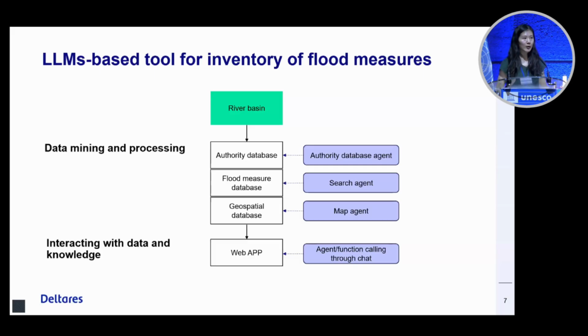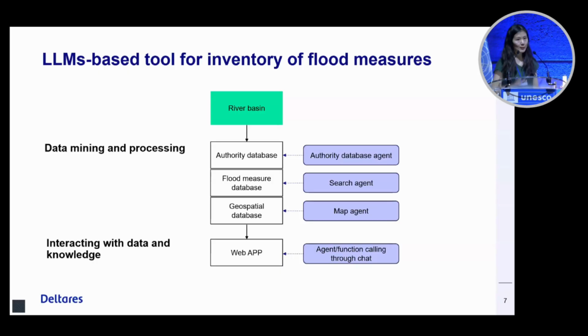We use the language model to help us extract information about authorities, about the flood measures taken and planned by the authorities, and to retrieve and clip the geospatial datasets around the area of interest, to help us prepare this database. So later on we can have a look, analyze, or interact with it.